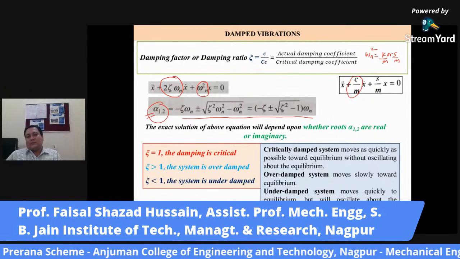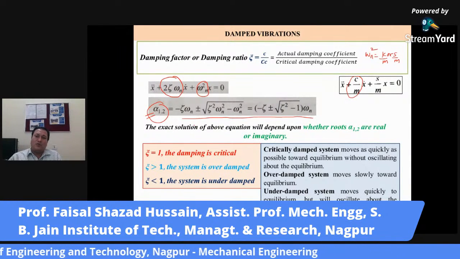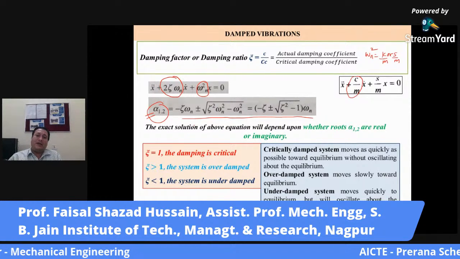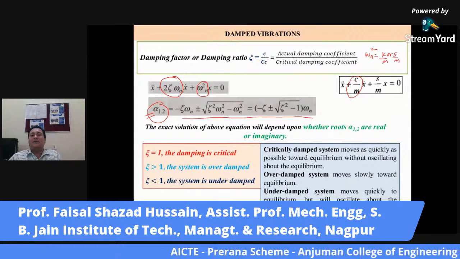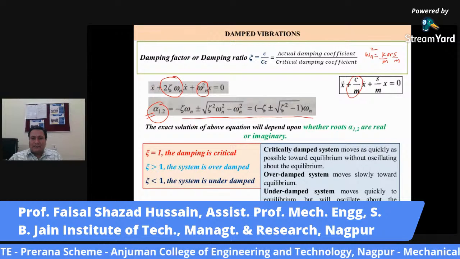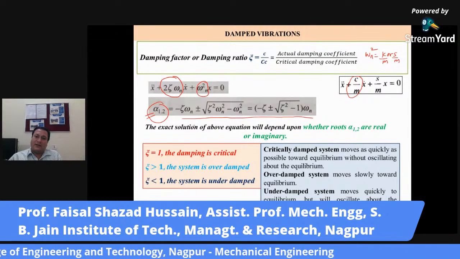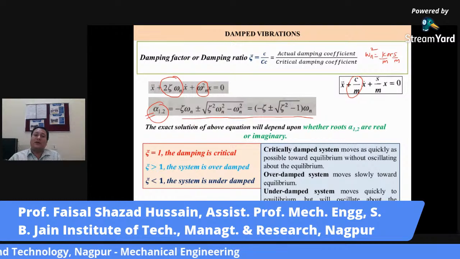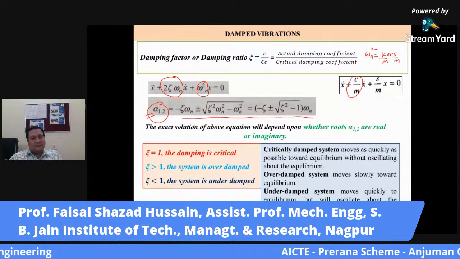So in a critically damped system, the system moves as quickly as possible toward equilibrium without oscillating about the equilibrium. It means that the system will come to its original position in the shortest possible time. Then what is an overdamped system?